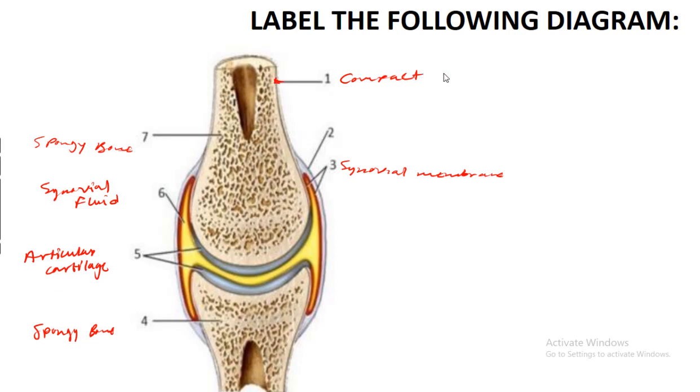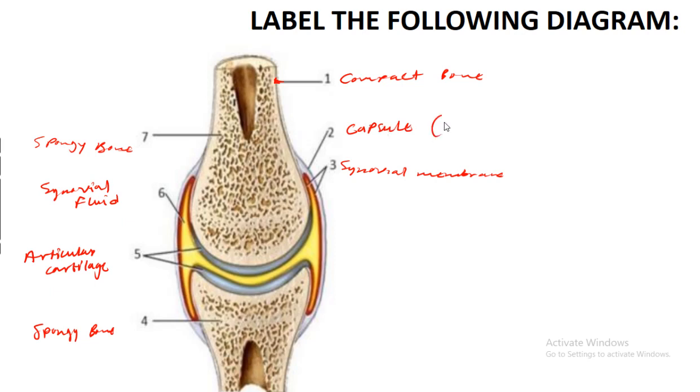So this is just the compact bone. All right. Then in this joint, the label marked 2 can just be the capsule.